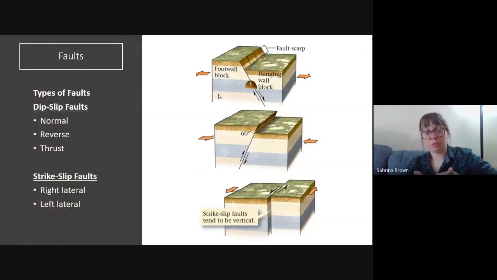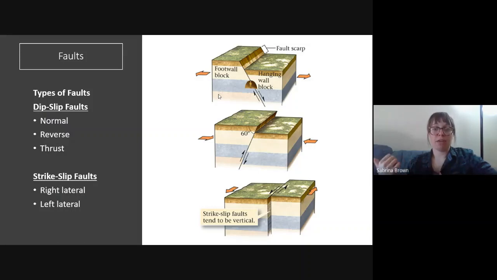This is important because the angle of the fault line and whether the fault blocks are moving in certain directions, whether they're moving towards each other or away from each other, means that the head wall is going to move either up or down relative to the foot wall, or side to side.